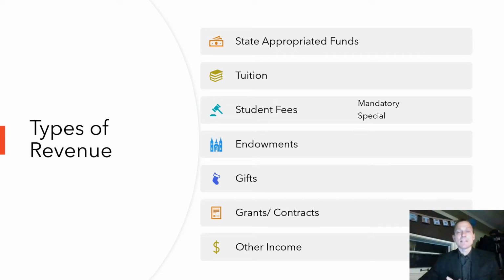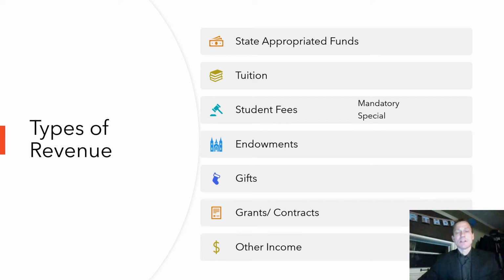There are student fees, and these are broken down into mandatory and special fees. Mandatory fees are technology fees, recreation fees, student services, and activity fees, whereas special fees may be a one-time fee, such as entering a special program, or if there is some type of special expense for a certain type of course.